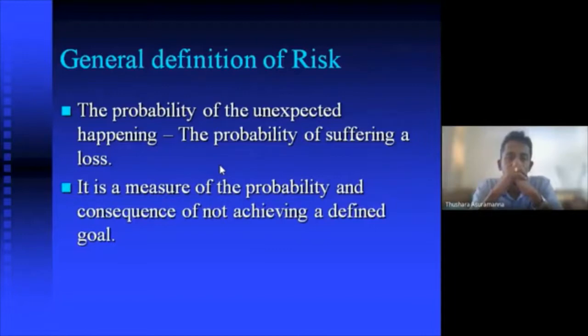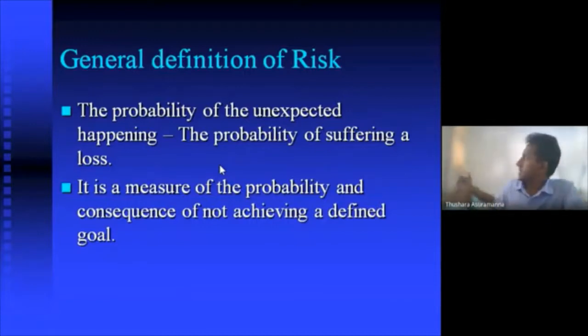Definition: the probability of the unexpected happening, the probability of suffering a loss. Because the expectation is the Sri Lanka team winning. The expectation is the borrower paying without default. The expectation is a desired person turning up for your meeting.